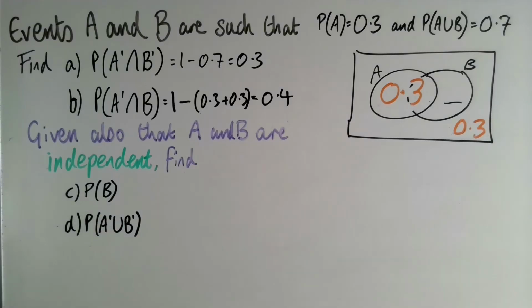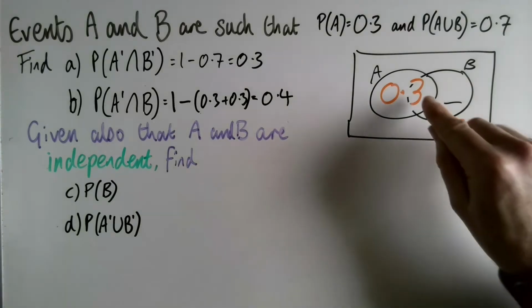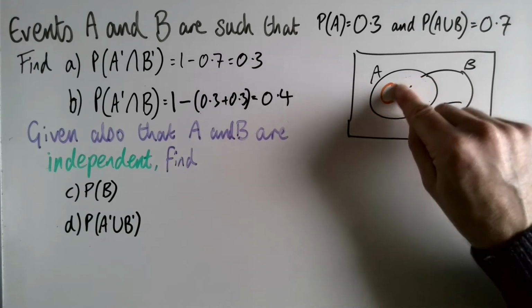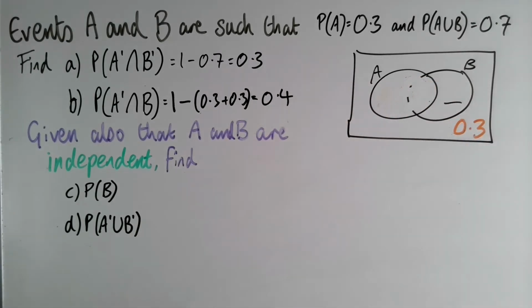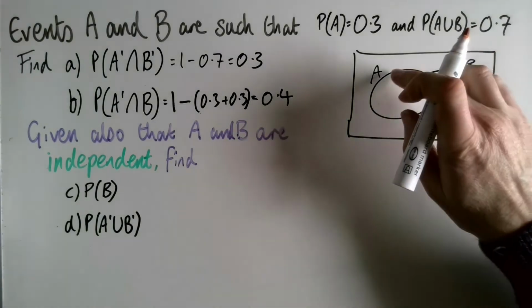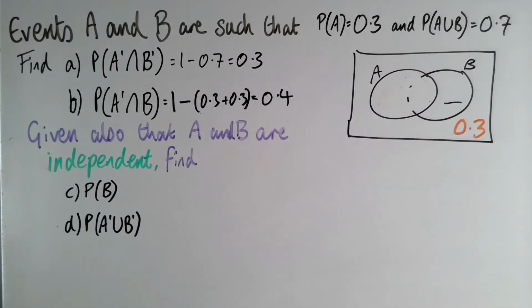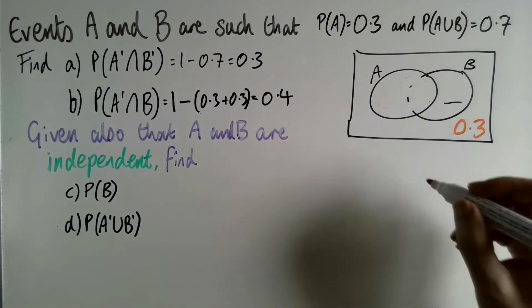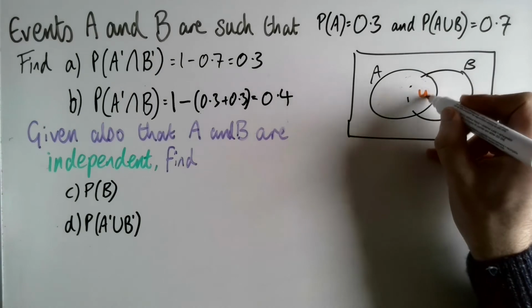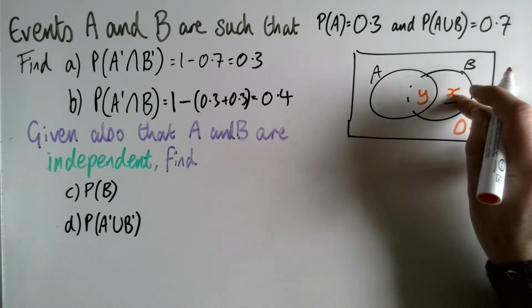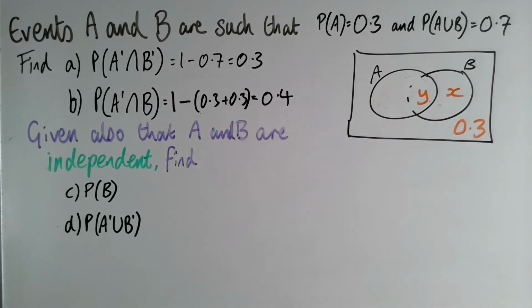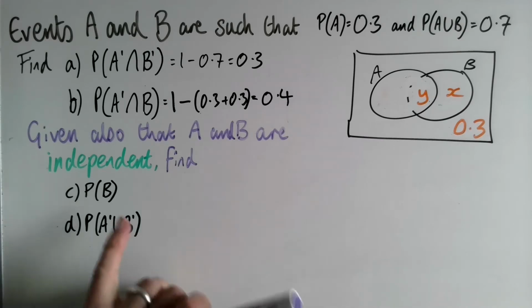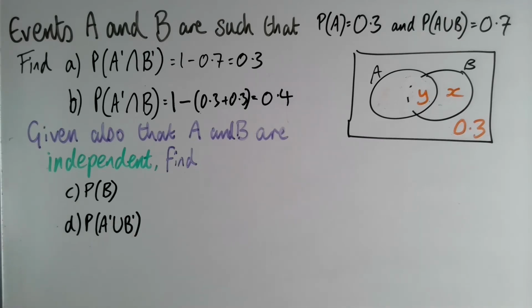Now the key to this is that because it said it's independent, what we can say is I'm going to take this out for now, we know that that bit there is 0.3, don't we? We know that they add up to 0.3. I'm going to call this bit here y and this bit here x for now. What we know is to find the probability of B, if you look in your formula booklet, it'll tell you this.